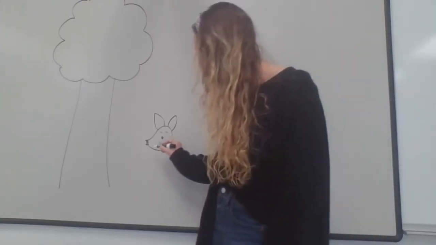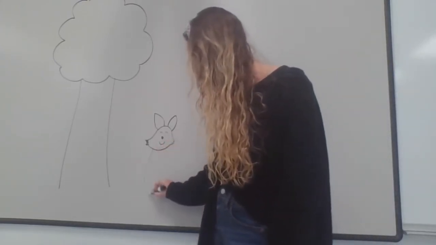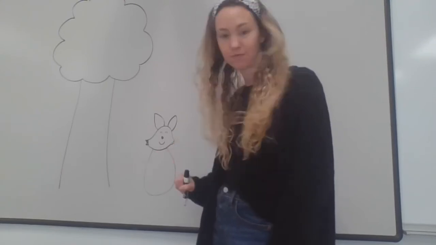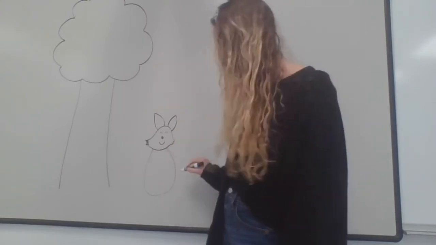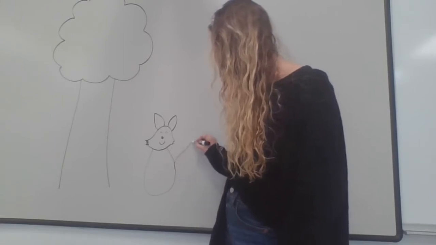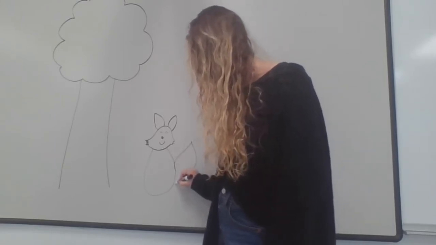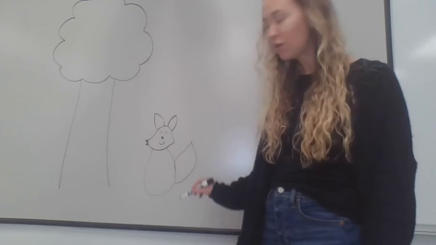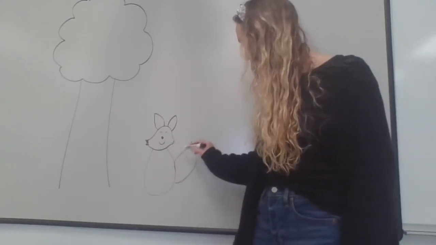Okay, now we can draw his body. For his body, I'm just going to do a little circle. And then I need to draw the fox's tail. Can you go ahead and draw the fox's body and then his tail?